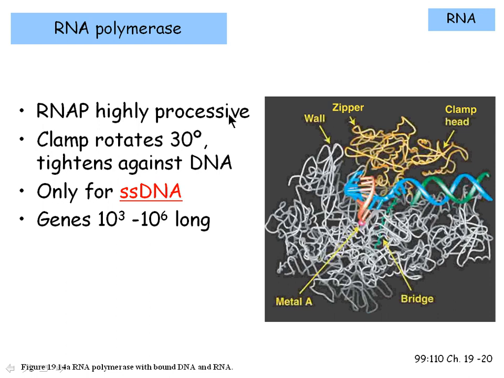And that makes sense because the RNA polymerase has to get on at the promoter and stay on and stay on and stay on until the whole thing is made. So you want to have an enzyme that is really very processive. And part of that is accomplished by there actually being a kind of a lowering of a part of the polymerase, like a clamp, that can tighten against the DNA and keep it in there so it can't get out of there.